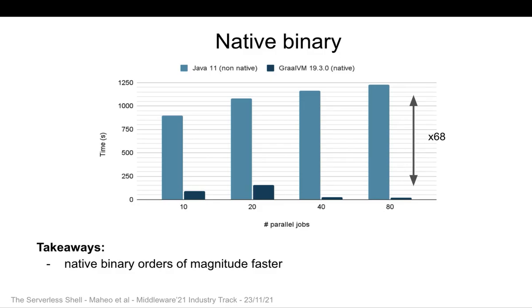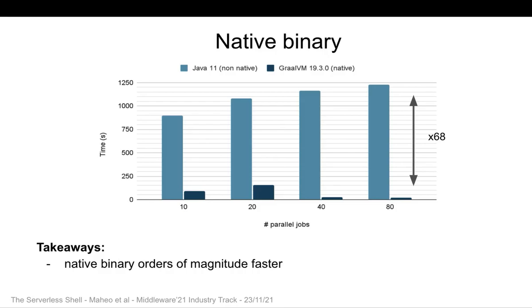That means if we build the serverless shell with a traditional, non-native Java implementation, we start 100 Java virtual machines, which obviously leads to a bottleneck in terms of memory footprint and execution time.